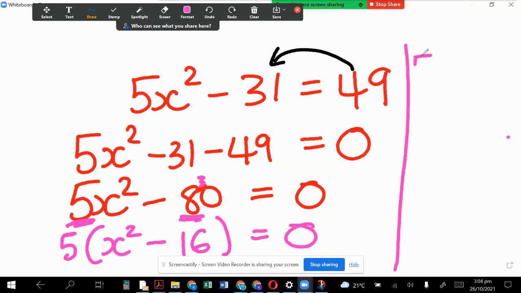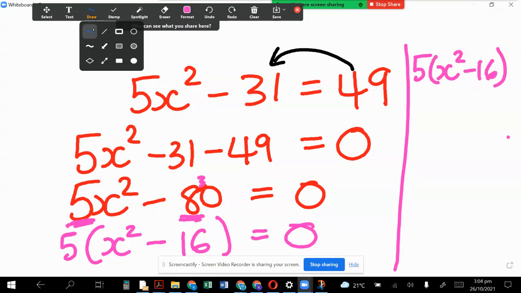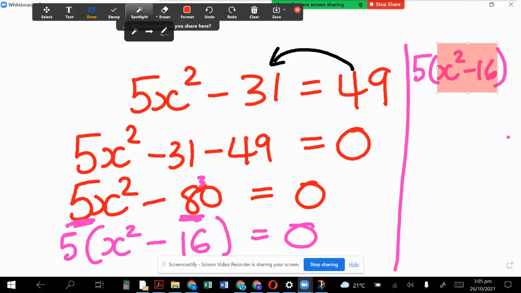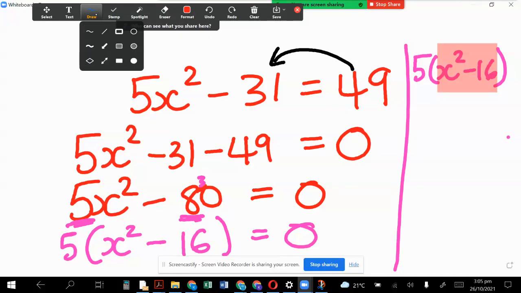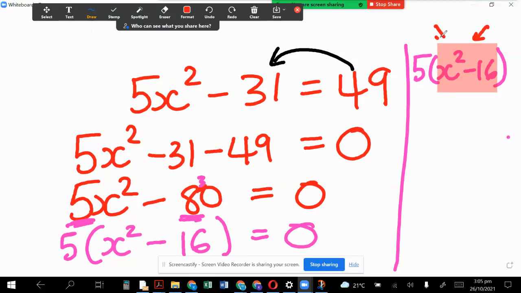So we've got 5 bracket x squared minus 16, and my alarm bells go on. Difference of squares. We have spotted a difference of squares. Everybody, look out. We have one more step alert. I've got a difference of squares factorization happening over here, and this is all equal to 0.